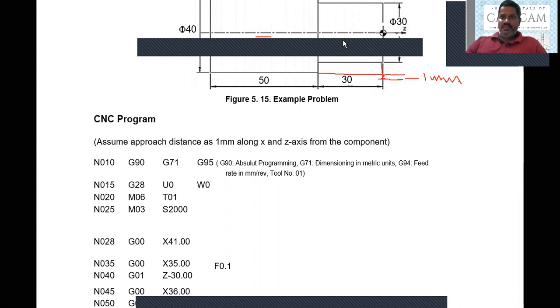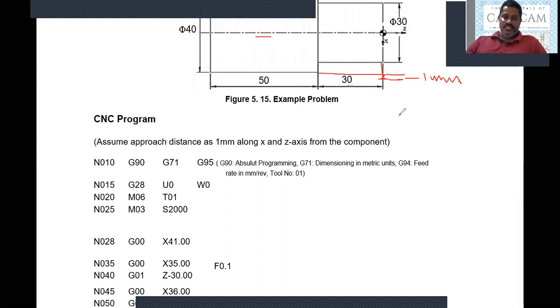So 1 mm is our approach distance, and this is in rapid mode. Somewhere we have the tool at machine 0 or work 0 reference, and the tool will come to this location, X41, 1 mm just before the workpiece.